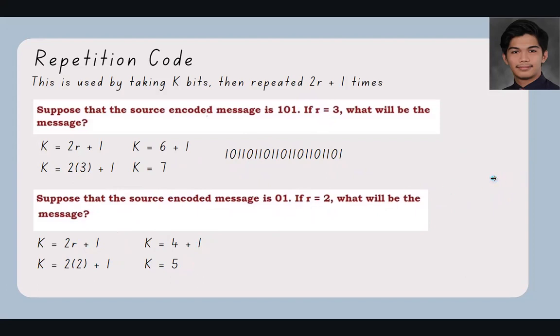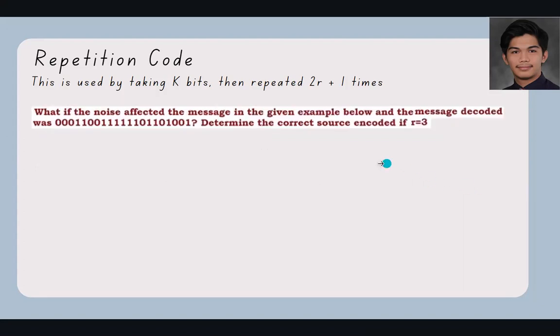And the answer is this, where it is repeated 1, 2, 3, 4, 5 times. Just to take note, r represents a block bit, which divides the code word based on the number of bits in each division.